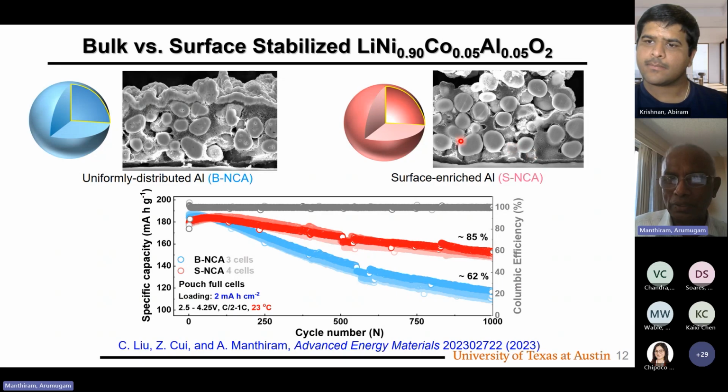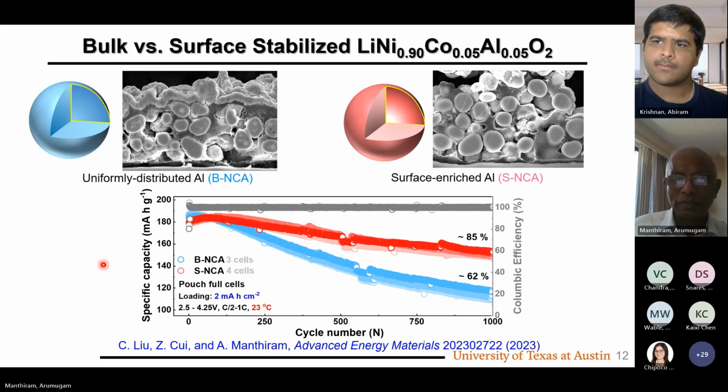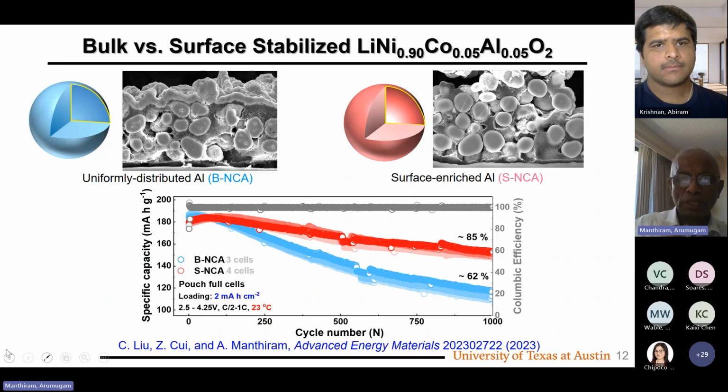So even though the overall composition is the same, this cathode will have more aluminum on the surface, and that will be less reactive with the electrolyte. That's why you see this material cycles, same color code, the red one cycles much better than the blue one, which does not have much aluminum on the surface. So if you stabilize the cathode surface, you reduce the surface reactivity with the electrolyte, so they cycle better.